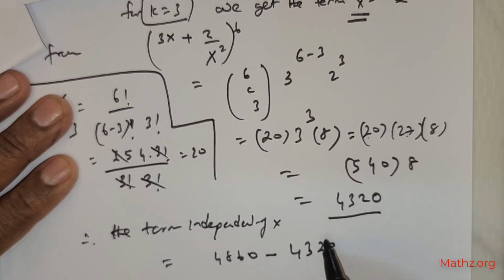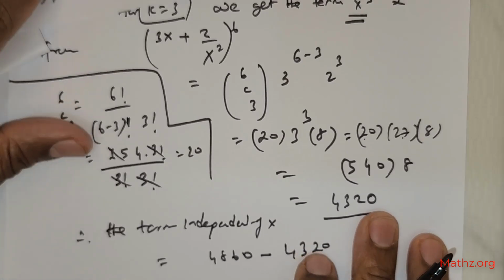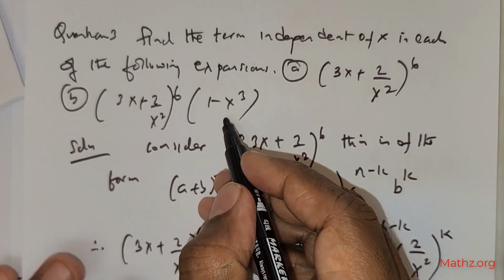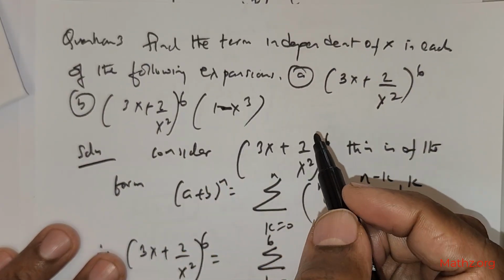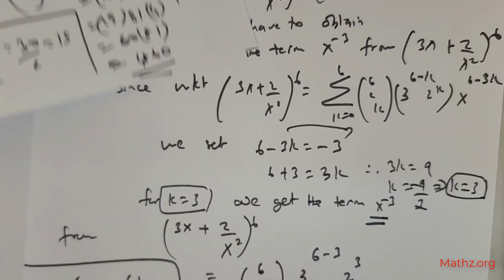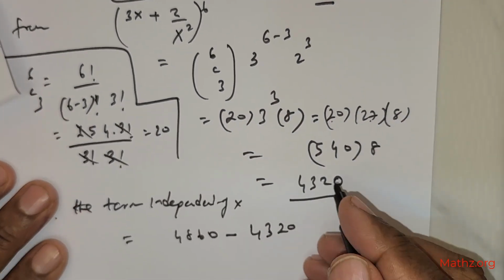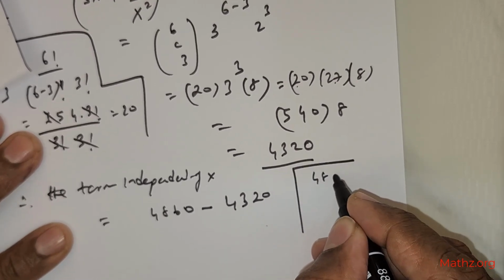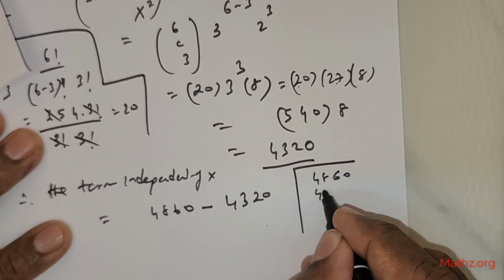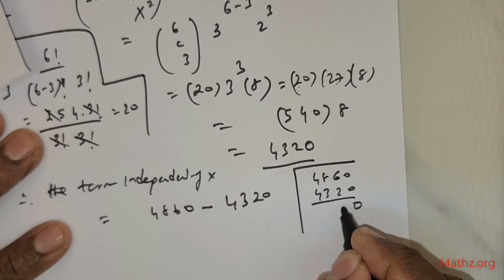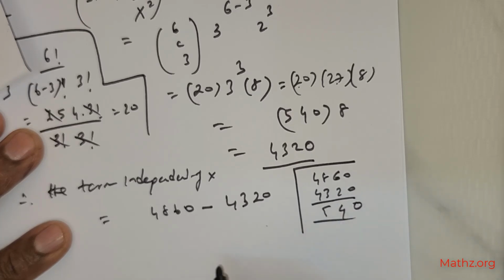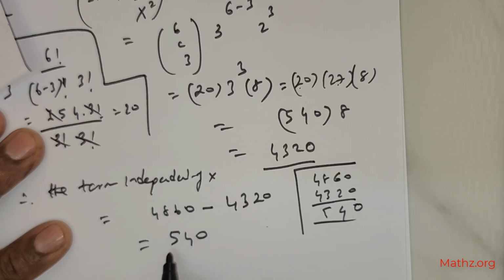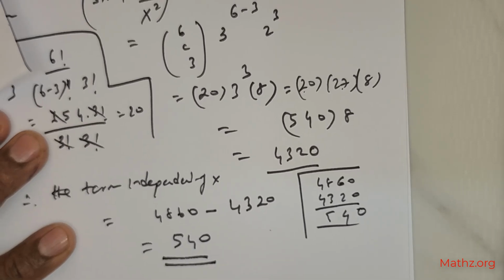Right, why do I say I am placing the negative sign? Because if you see here, there is a negative sign that is coming here. Okay, so that is the reason I need to place the negative sign. So you are subtracting the terms. So 4860 and 4320. So what do you get? You get a 4 here and you get a 5 here. So this is equal to 540. So that's the solution for this question.